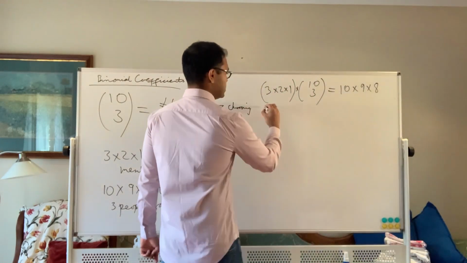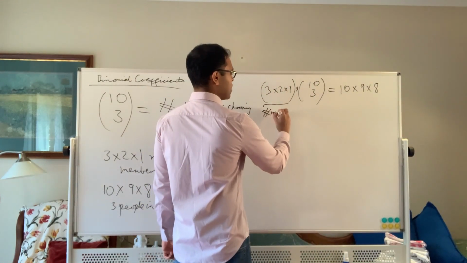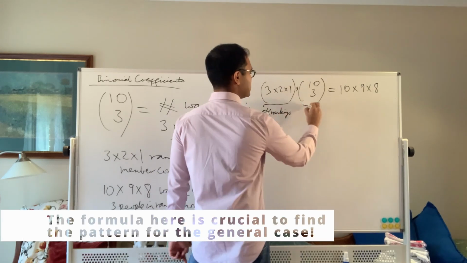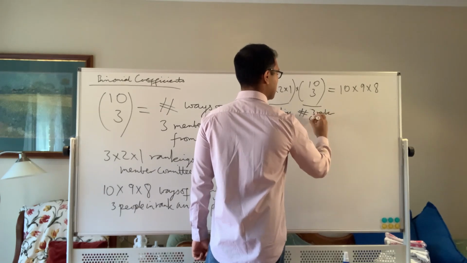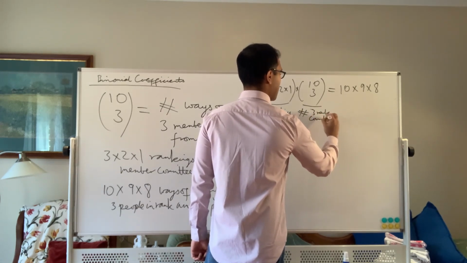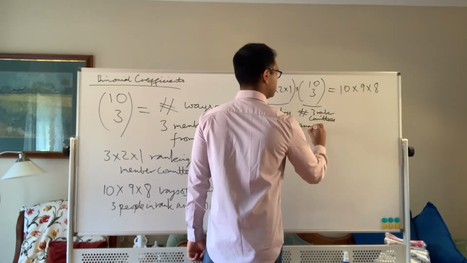Okay, so I can write this out the following way. This is the number of rankings. This is the number of 3-member committees among 10 people.